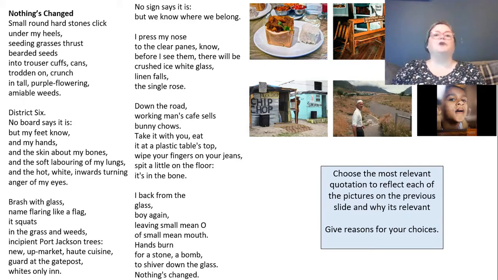Down the road, Working Man's Cafe sells bunny chows. Take it with you, eat it at a plastic table's top, wipe your fingers on your jeans, spit a little on the floor, it's in the bone. I, back from the glass, boy again, leaving small mean O of small mean mouth, hands burned for a stone, a bomb to shiver down the glass. Nothing's changed.